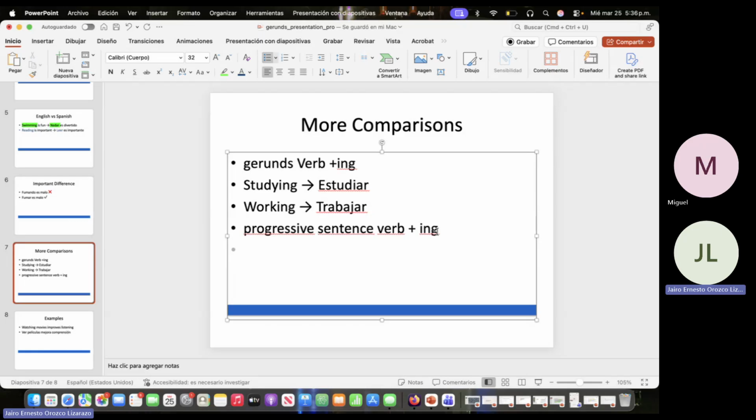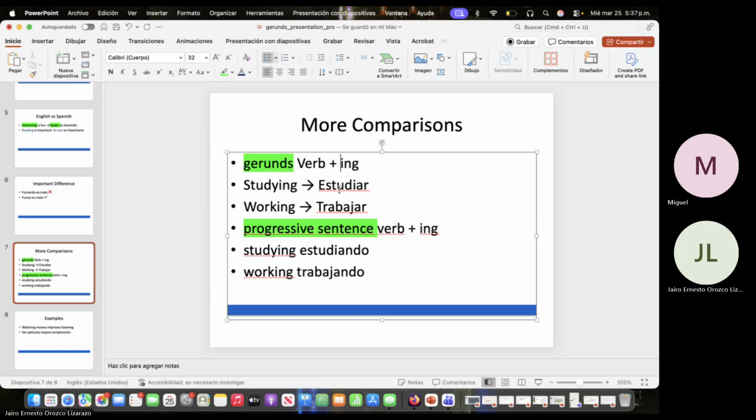For example, when we are doing a progressive sentence, studying means estudiando, right? Working means trabajando. So that is why progressive sentences and gerunds might be very similar, because both use the verb plus ing. In Spanish, they are completely different things, and in English, they are also completely different things.